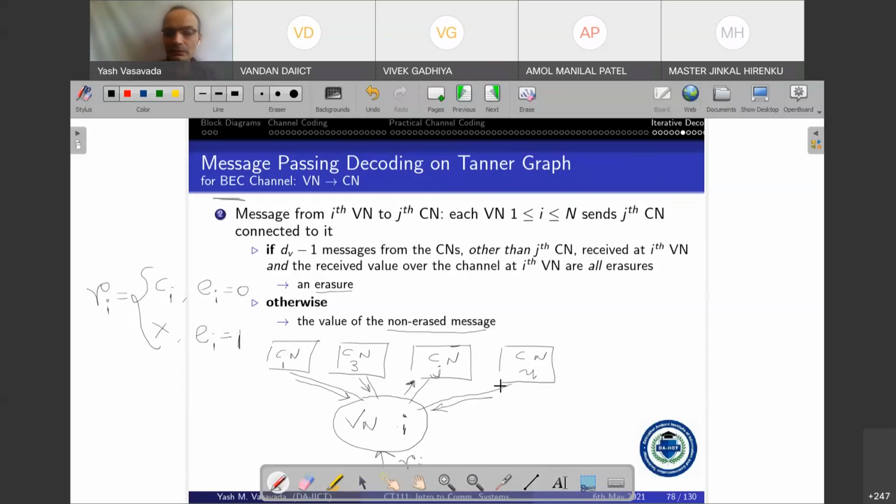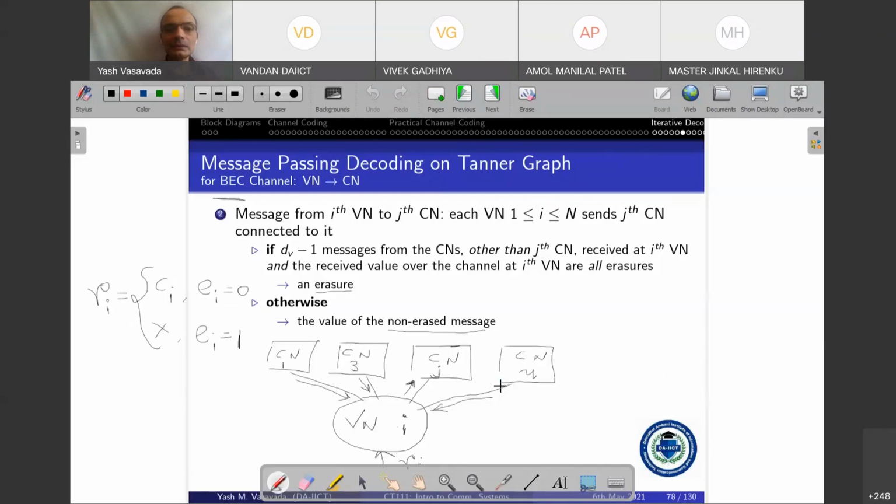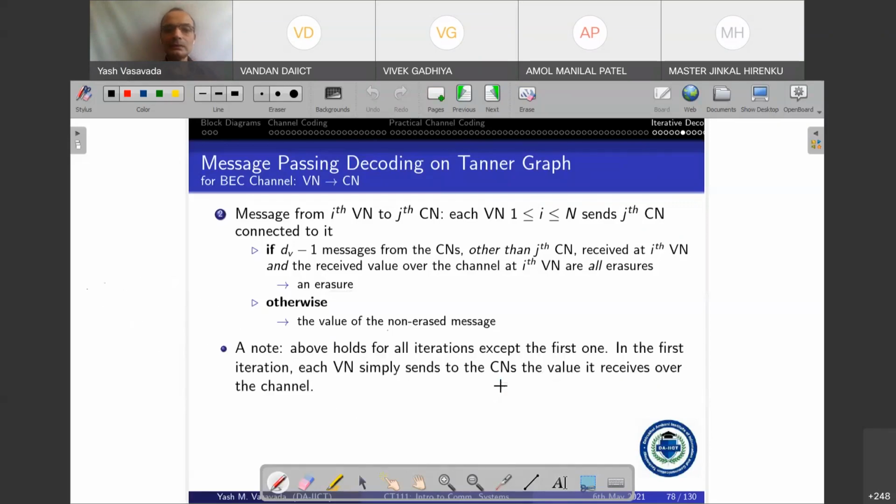Now, this is how the messages get passed from each VN to each of the CNs that it is connected to. What about the messages that are passed from... oh, okay, yeah.